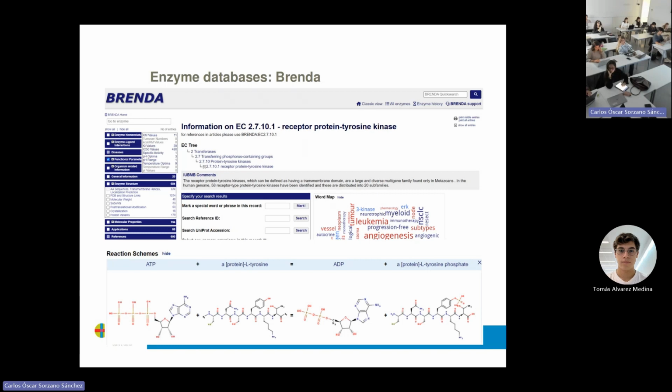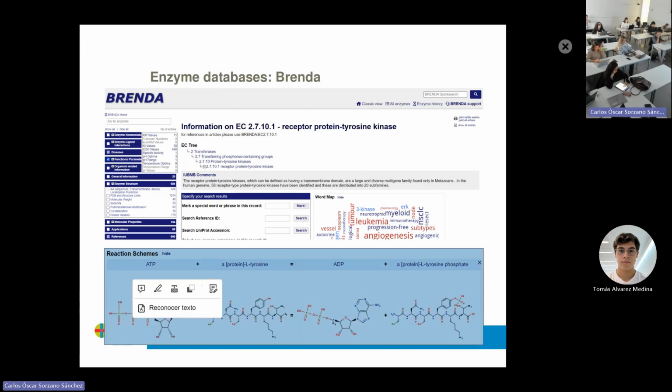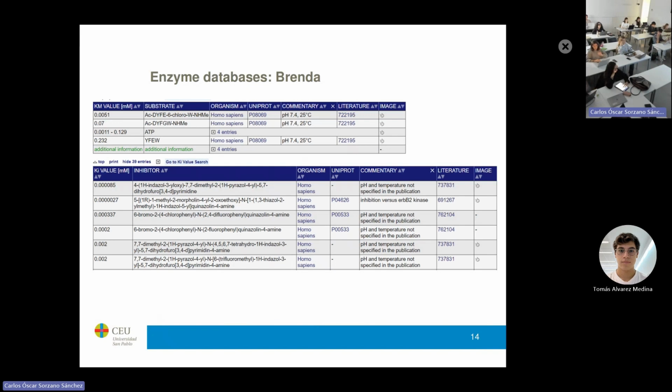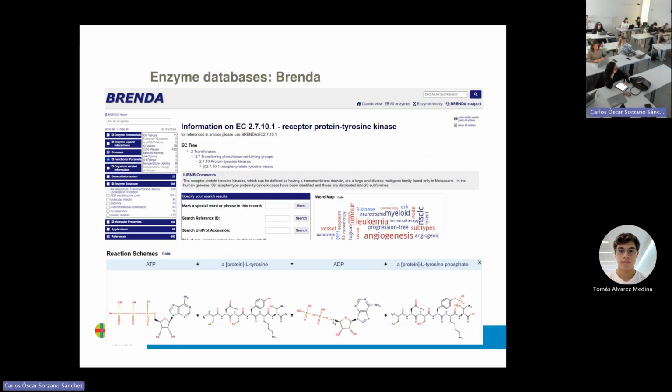So you have, for instance, here you have ATP, you have this tyrosine, and here you have 3 phosphates, and in this reaction, one of the phosphate groups is lost from ATP and it is transferred to the tyrosine. So any enzyme that performs this reaction belongs to this group. And there are databases for that.